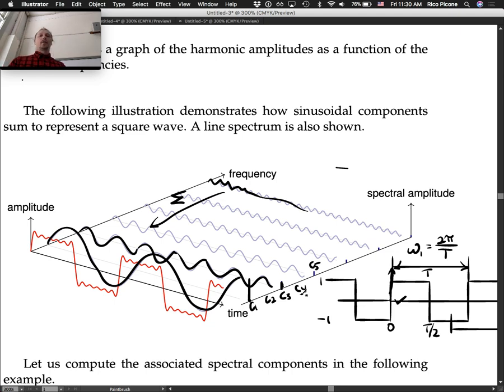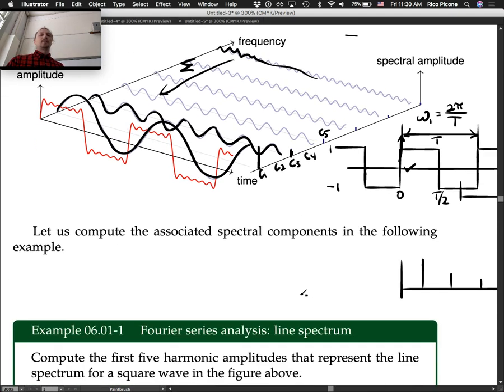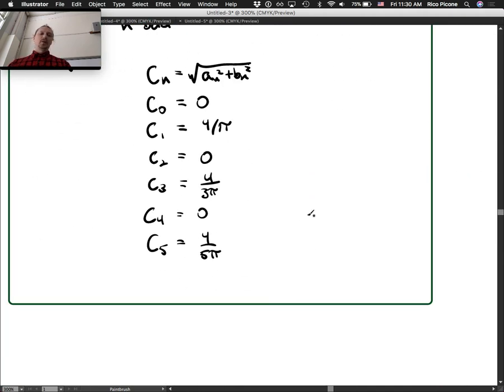So we've got our spectrum, and we would often not draw it like we drew it in that cool 3D way. We would just draw it like this.